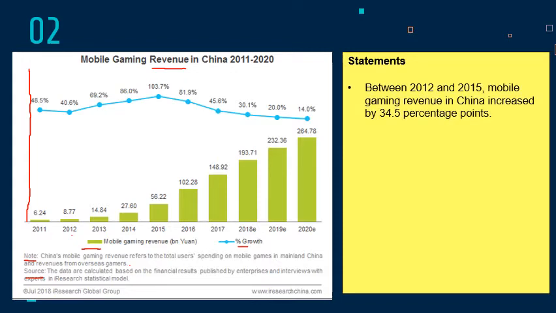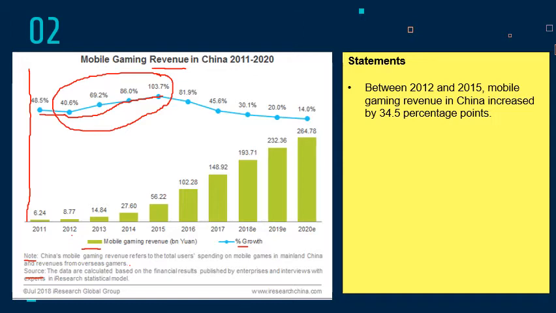Okay, so between 2012 and 2015, mobile gaming revenue in China increased by 34.5 percentage points. Now, I looked at the shape of this line and I can see it starts off pretty steady, but it grows up here. So each year it's grown, but this is a period of accelerated growth or larger growth.